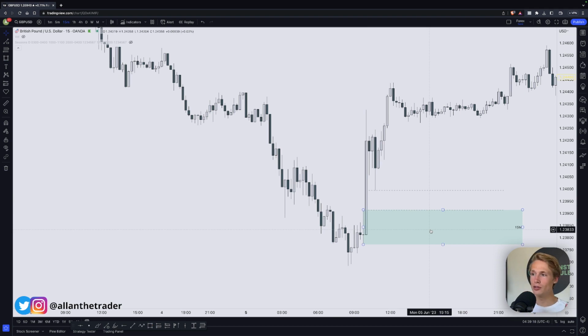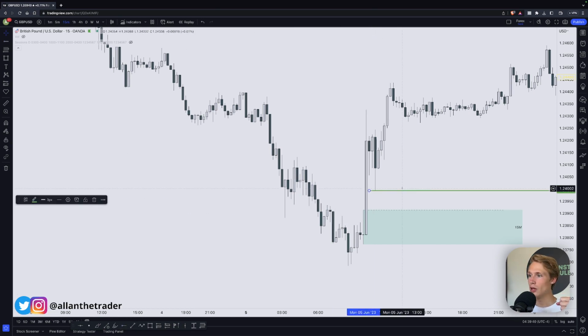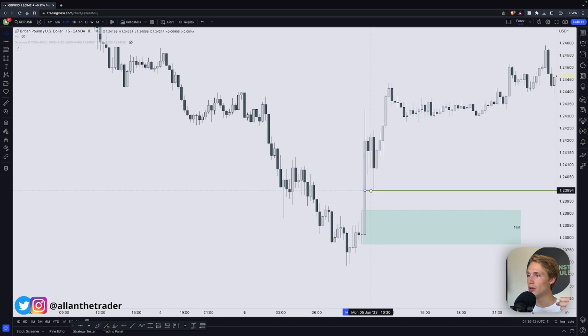So now we've gone through all these steps. So we identified a rapid price movement, we found a fair value gap, and we also found a demand zone. So now you want to place your entry, and you can place your entry basically either on top of the fair value gap. So that would be here. Or you could place it on top of the demand zone.